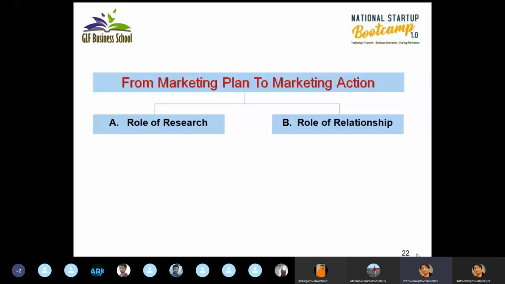Thus, the marketing plan should outline what market research will be conducted for your business and when, as well as how the findings will be applied. Similarly, the marketing plan shows how the company will establish and maintain profitable customer relationship.